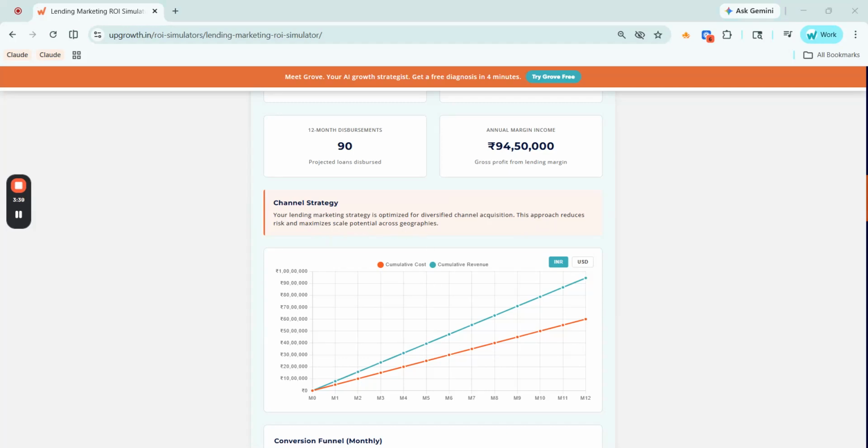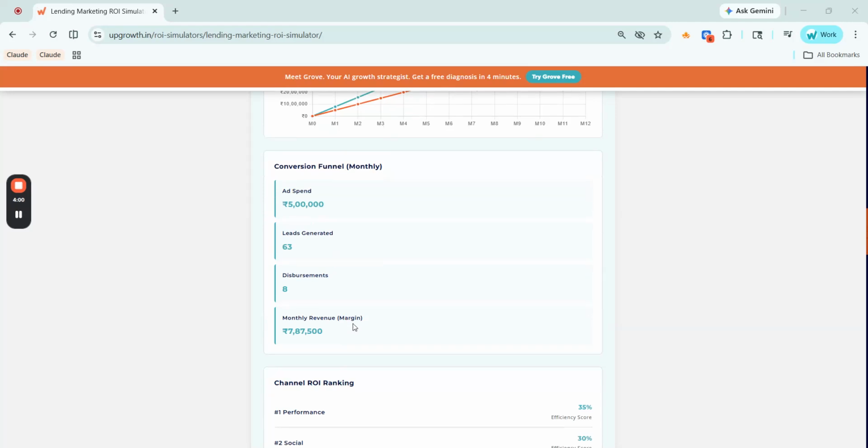And also we have the cumulative revenue versus cumulative cost chart, which shows both lines from month 0 to month 12. The revenue line climbs to around 90 lakh by month 12, while the cost line reaches around 60 lakh. The gap between them is your cumulative margin over the year. And the conversion funnel breaks down your monthly pipeline.